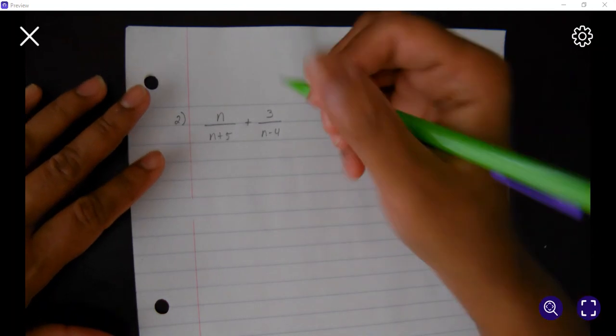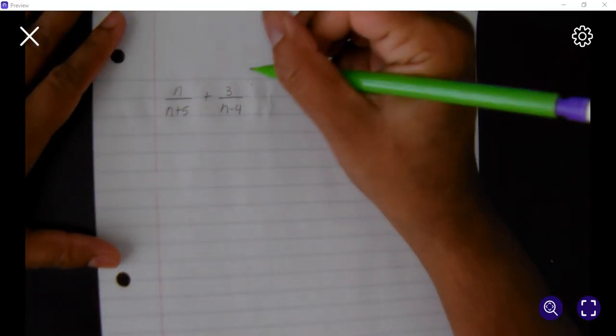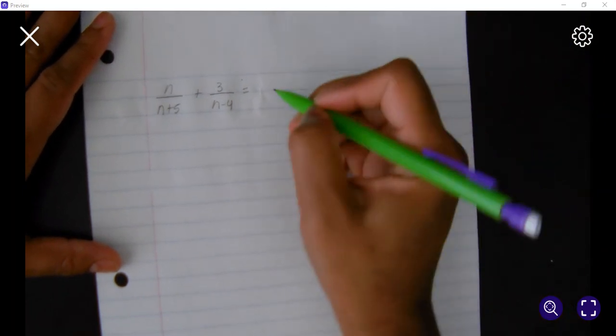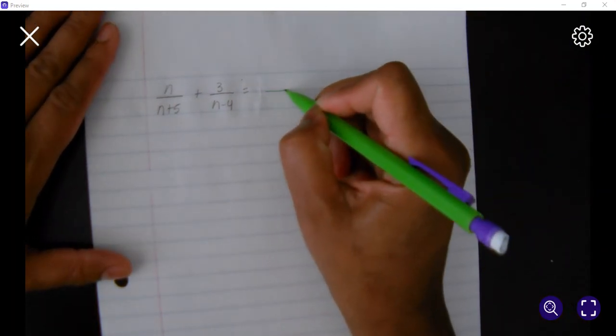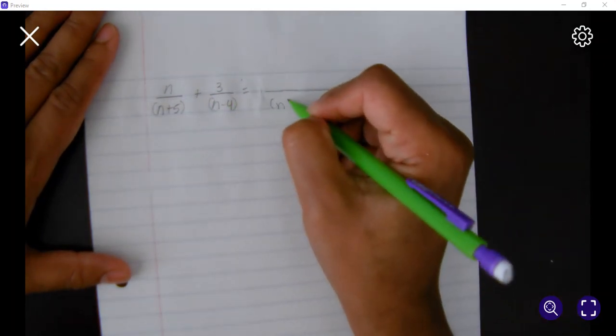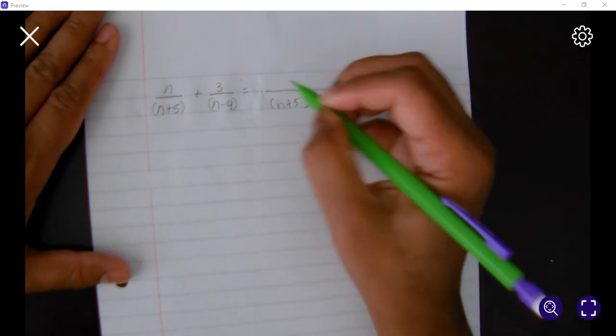I just need a bit more space here, so let me redo this problem here. So again, let me just show you. So in the denominator over here, you know that it's going to be these two multiplied. So you can just bring that over, n plus 5 and then n minus 4. In the numerator, what happens is these two get multiplied together.